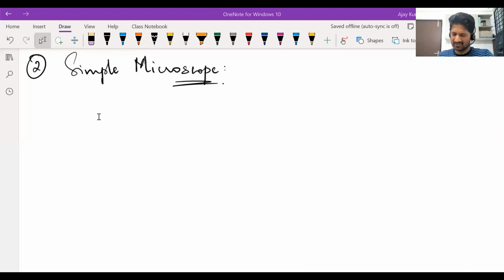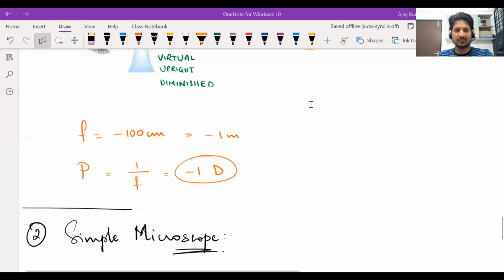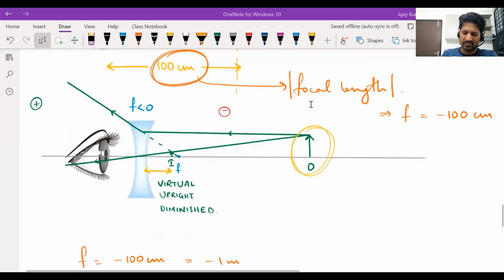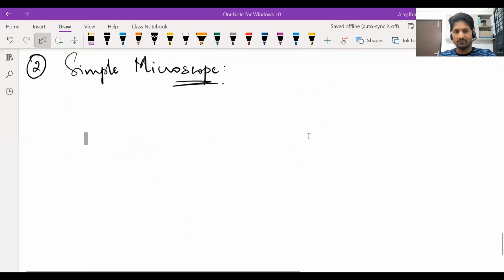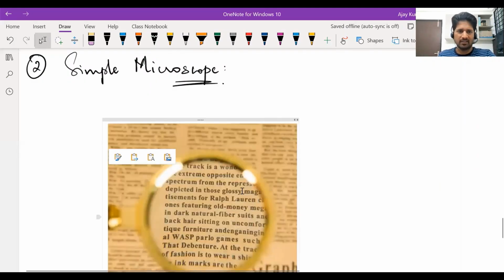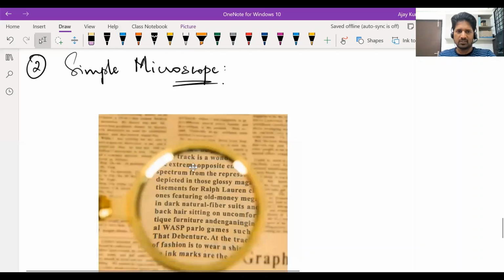So diverging. Diverging does not magnify. A diverging lens is basically a lens of negative focal length. Yeah, it makes diminished images. We want an enlarged image, so it's a converging lens, positive focal length. If you are using it in air, it should be a convex lens, basically a magnifying glass. Okay, that is what a simple microscope is.